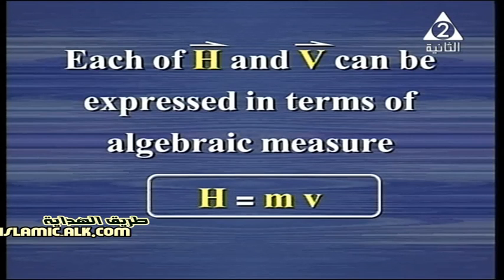The first equation is vector H equals m times vector v. In this case, H and v are in the same direction, but by algebraic measure, momentum is m times v. Momentum is called H, its symbol is H. v is the velocity and m is the mass of the body. When we multiply m times v, we deduce the value of momentum.